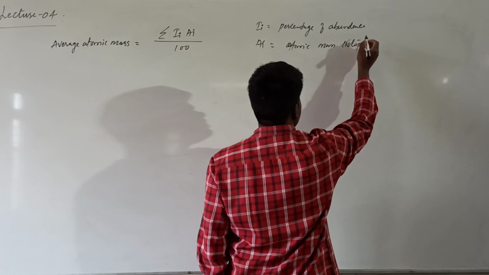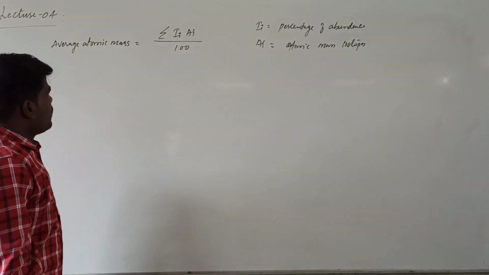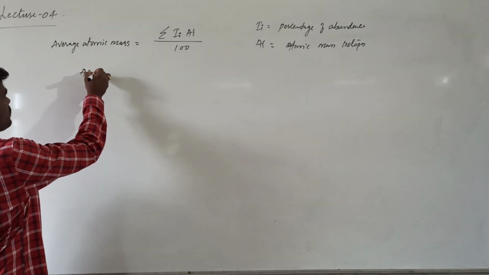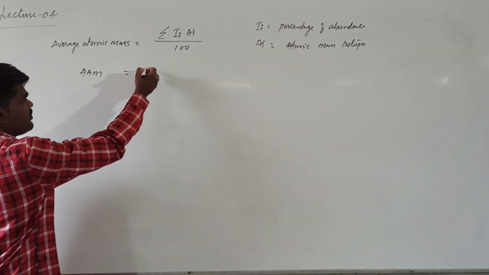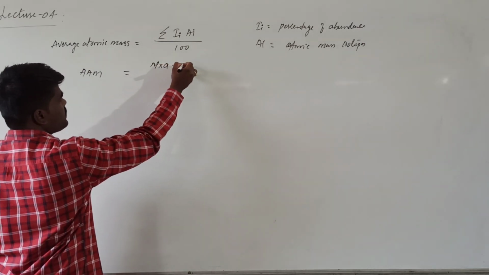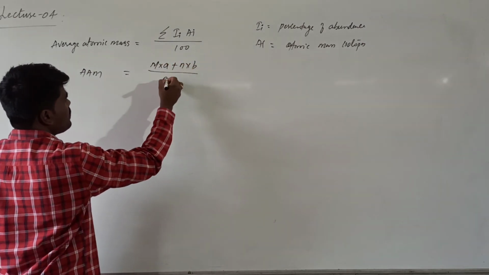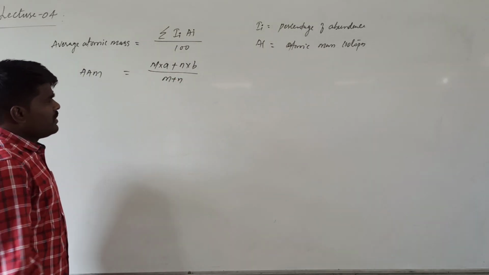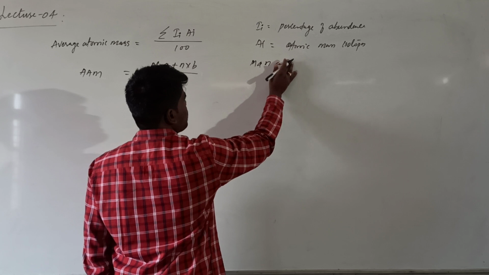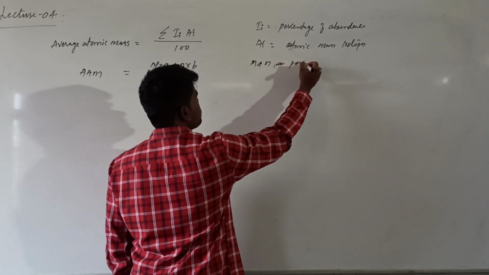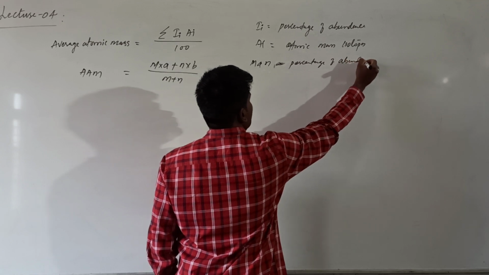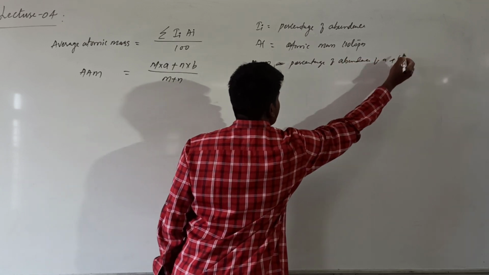Or otherwise, if you assume an element exists in two isotopes, we can also write it in the form of m into A plus n into B upon m plus n, where m and n are the percentage of abundance of A and B respectively.